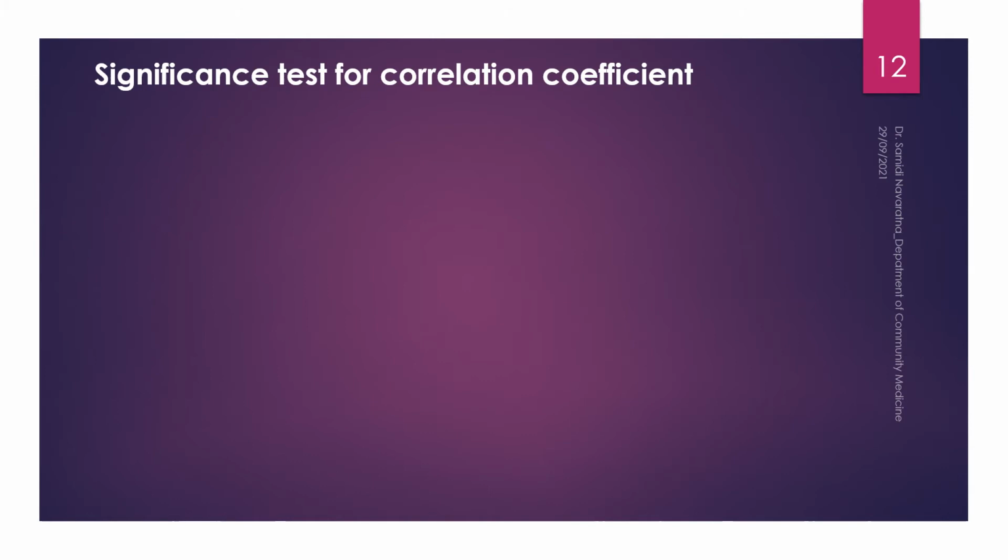The significance test for correlation coefficient is actually a t-test, and this is the equation. The degrees of freedom is calculated by n minus 2. So the steps you need to follow in the hypothesis testing is the same as those you learned for the other hypothesis testing tests in the previous lectures.